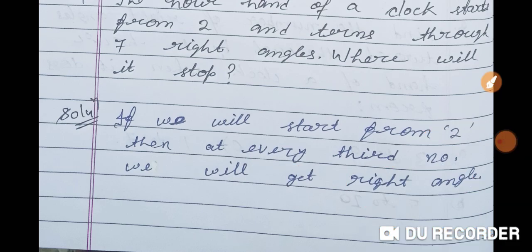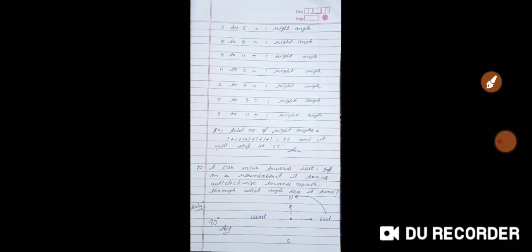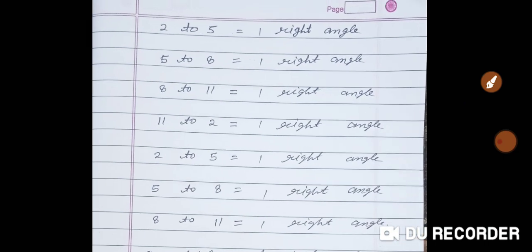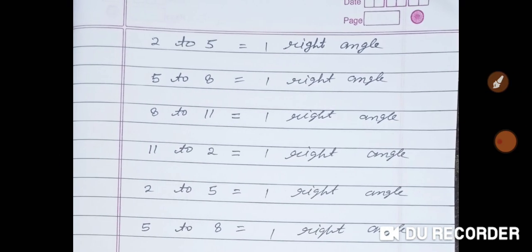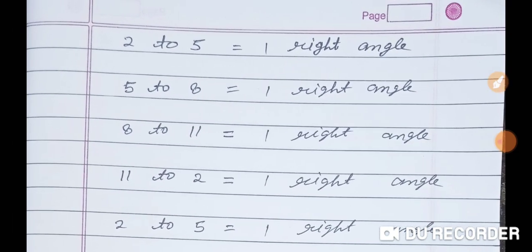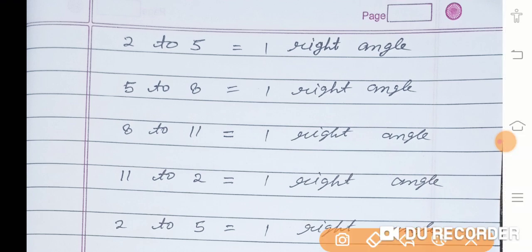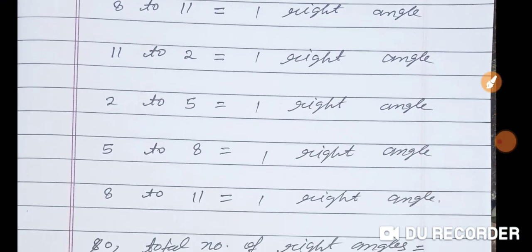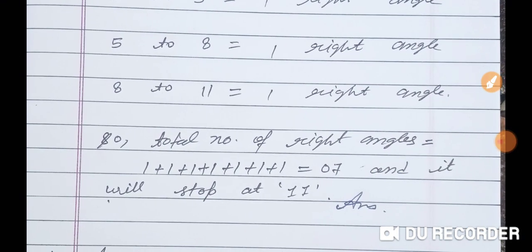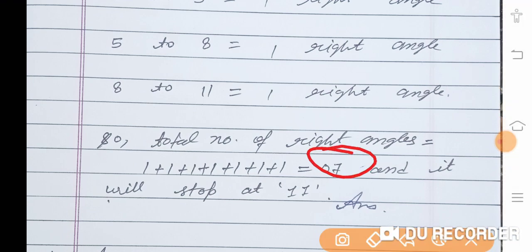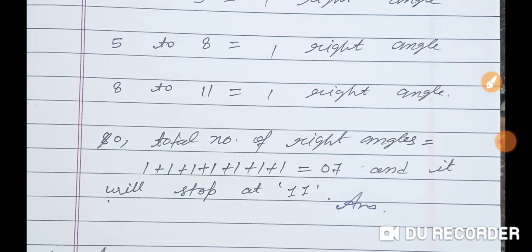So by keeping this point, you should solve the question from here. See, when you will start from 2 to 5, please make a clock, my dear, and try to find out 2 to 5, 5 to 8, 8 to 11, 11 to 2, 2 to 5. Similarly, after 7 right angles you will reach up to number 11, means you will stop at 11. So this is your answer.